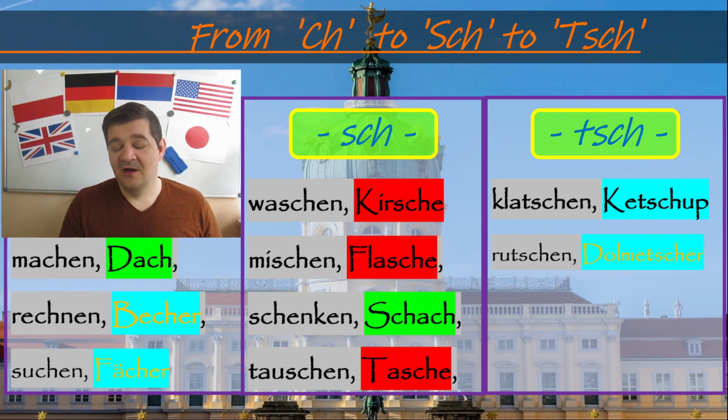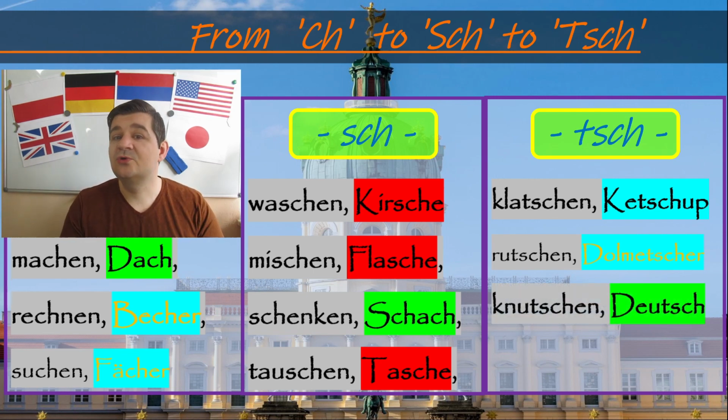So, let us proceed. Knutschen is a word young people normally use to say kissing very intensively. And Deutsch, of course, you should know what das Deutsch means. It's the German. Alright.